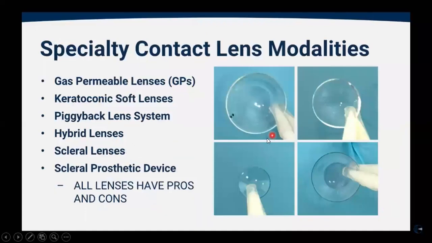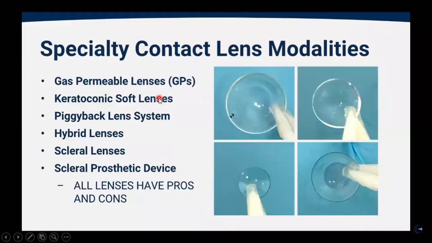So these are the different contact lens correction options available to keratoconus patients. Gas permeable, we in India call it RGP, rigid gas permeable, but across the world it is mostly known as gas permeable lenses, because people no longer consider GP lenses to be rigid.